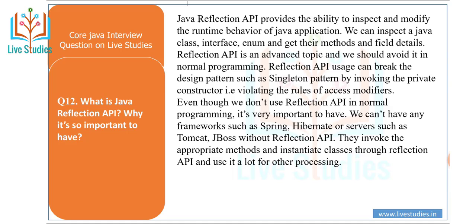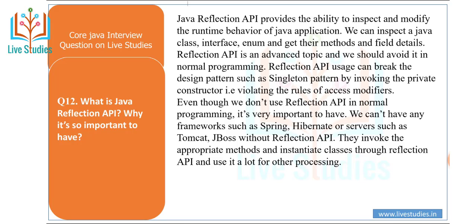Reflection API users can break design patterns such as Singleton pattern by invoking the private constructor, or violate the rule of access modifiers. Even though we shouldn't use reflection API in normal programming, it is very important to have.